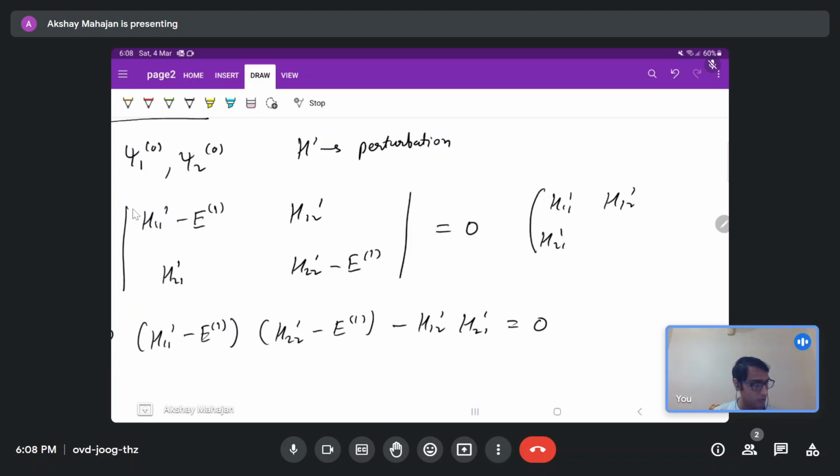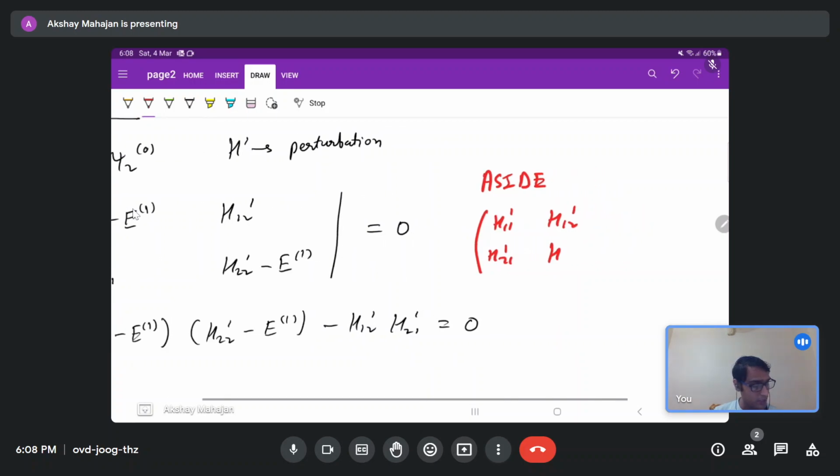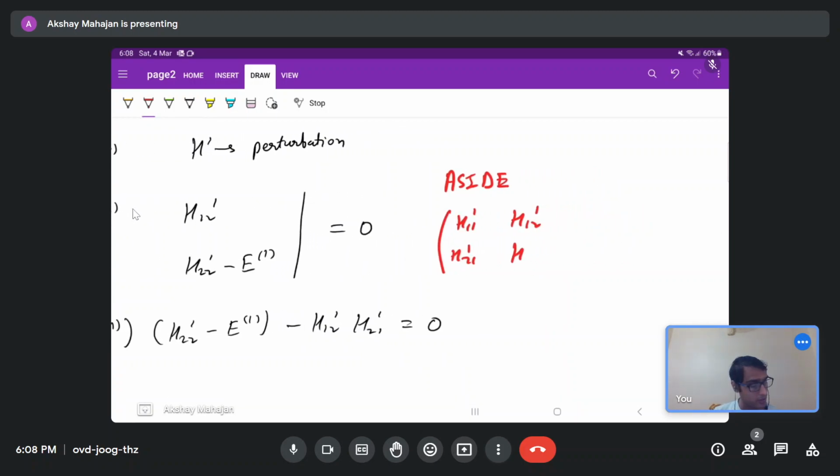Basically, whatever your perturbation is, you take the matrix elements with respect to your degenerate eigenstates, and then you diagonalize it.